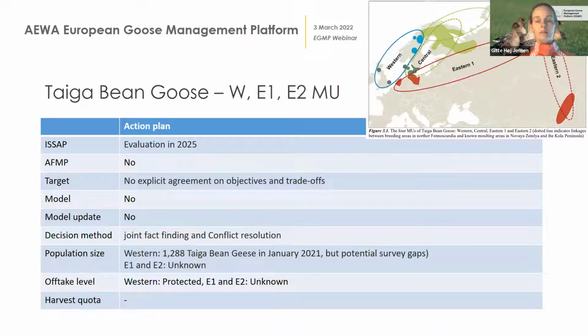But there are also potential survey gaps here. The Western one is protected, while the Eastern one is hunted in Russia, presumably, but we don't have any idea about the level. So for these units, we're simply trying to find out more.